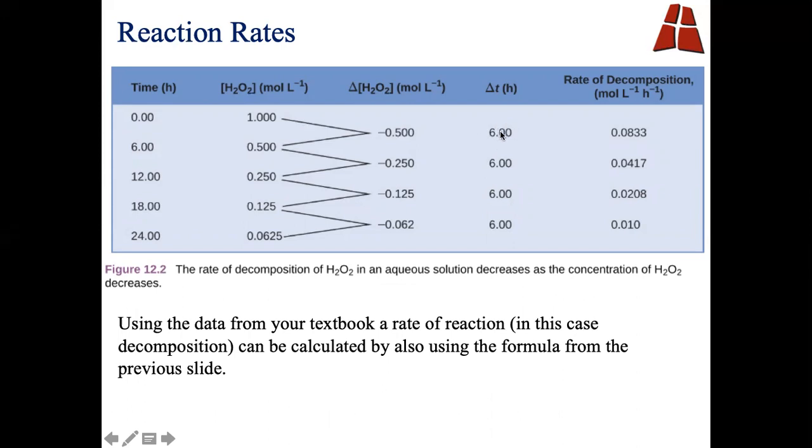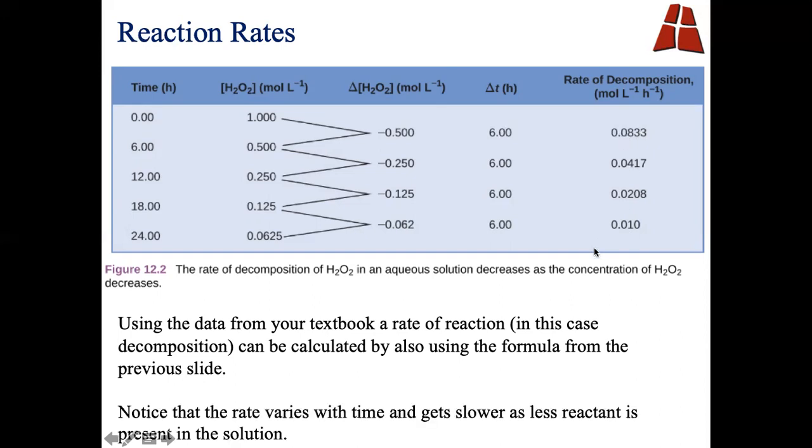And so, pardon me, as this reaction proceeds, we're able to calculate the rate of decomposition at different time intervals. And you'll notice that as the concentration of our hydrogen peroxide gets less and less as we go from time 0 to time 24, our rate of reaction decreases as well.